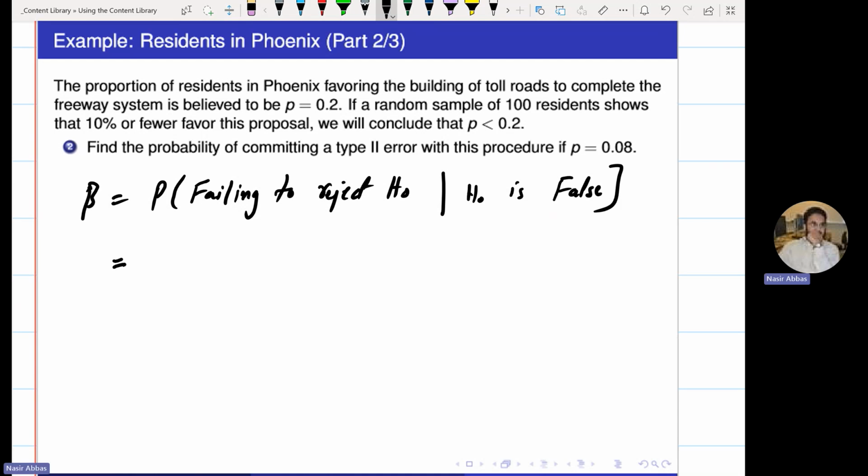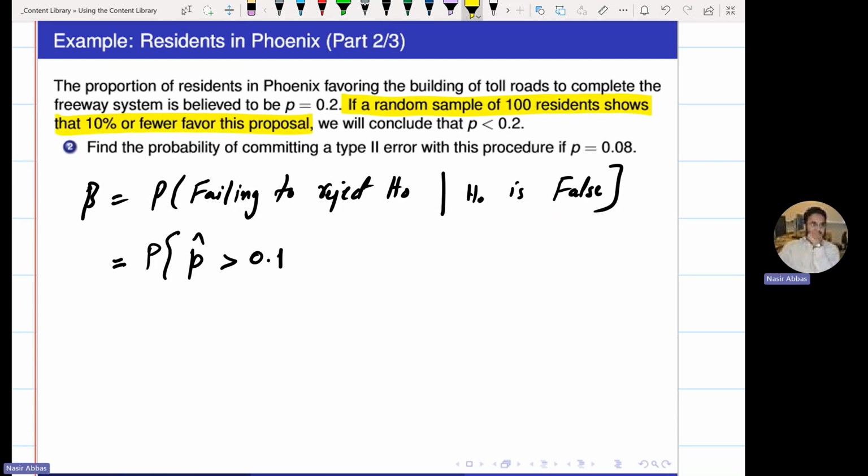When do you fail to reject H0? The question says you will reject H0 if P hat is less than or equal to 10%. So when will you fail to reject H0? When P hat is not less than or equal to 10%, right? I took the complement of this statement.